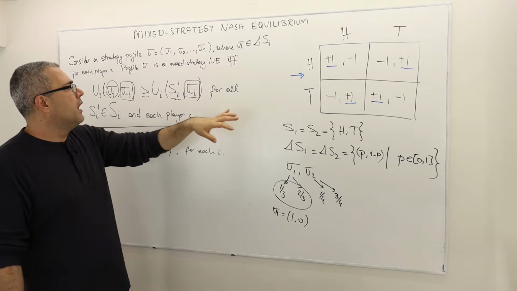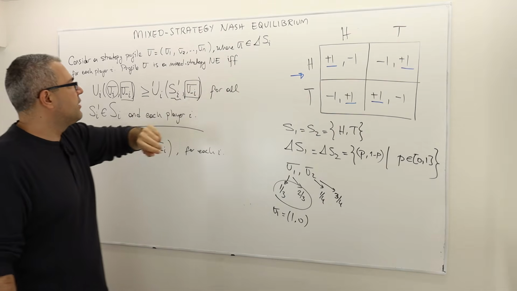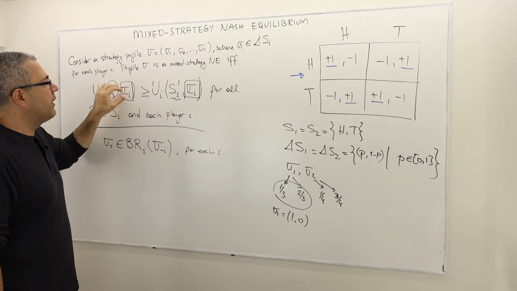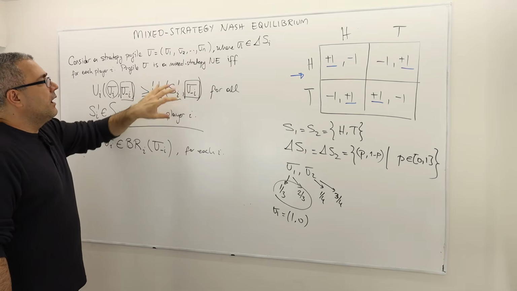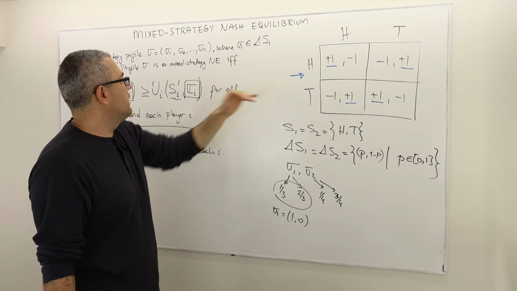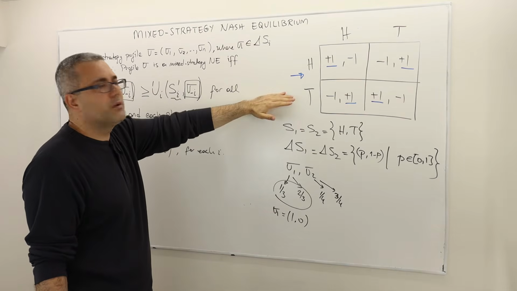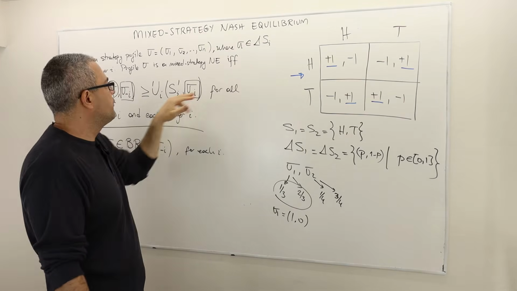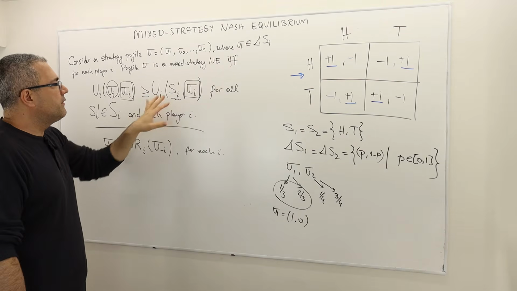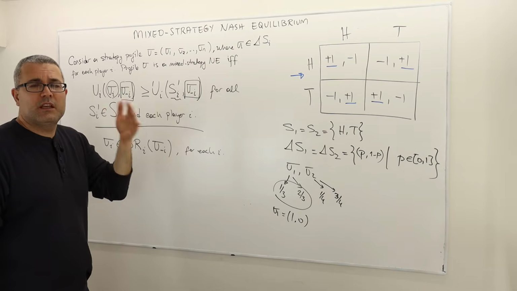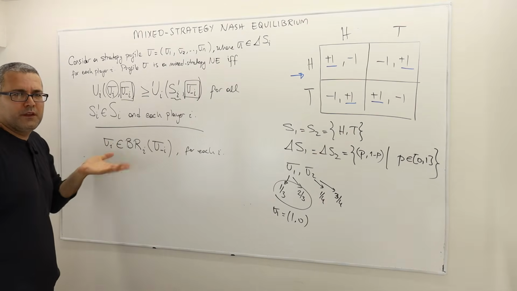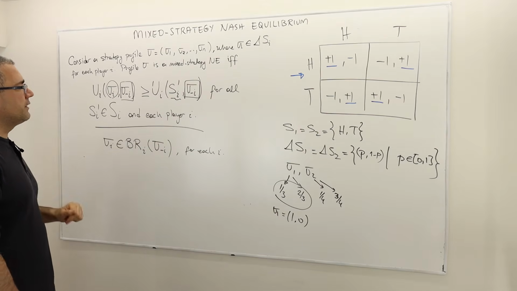Here, for example, there are two pure strategies, so you compare this expected payoff when player 1 plays head versus when player 1 plays tail. You only have to do this comparison twice. If you used mixed strategies, you would have to do it infinitely many times, which is not possible. So this is much more feasible, and therefore easier.